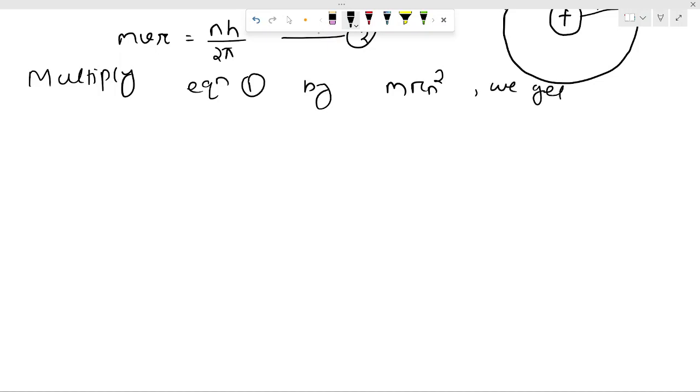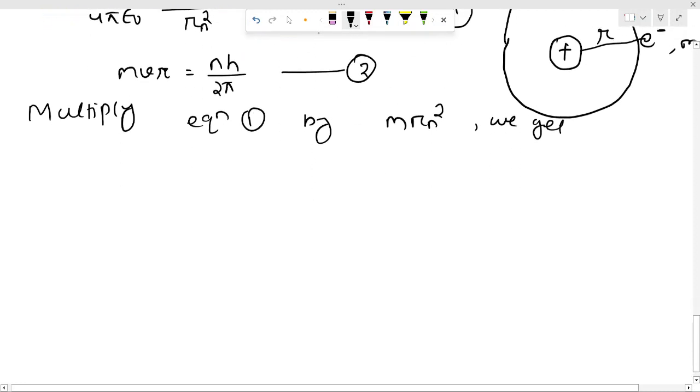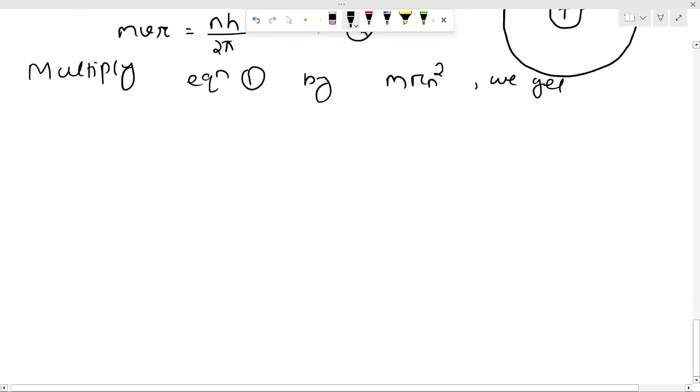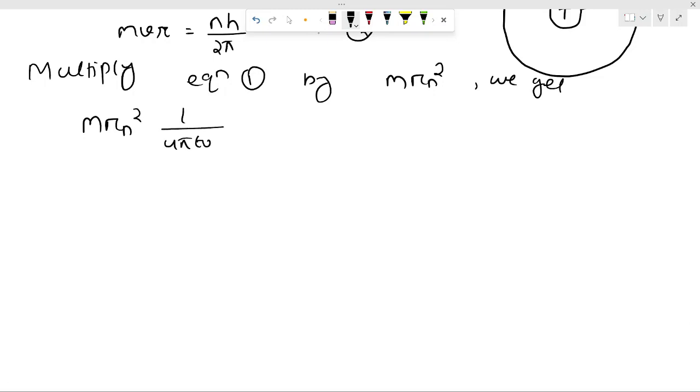What are we getting? 1 by 4 pi epsilon naught Z e square divided by rn square is equal to mv square upon rn, into m rn square.